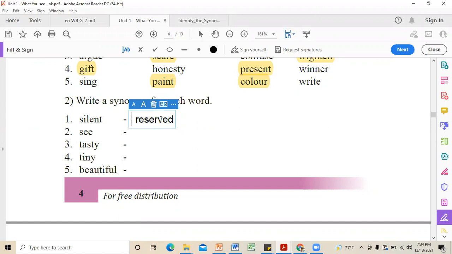So in that case, yes, we can use the word reserved. And Bashita, I think you also said something. Quiet, yes, Q-U-I-E-T, quiet, right? So this is again another word which we can use. And any other words which you can think of?